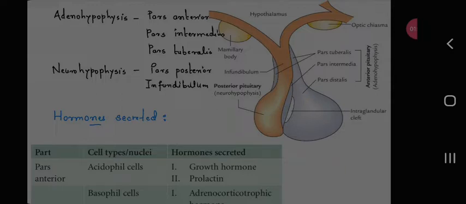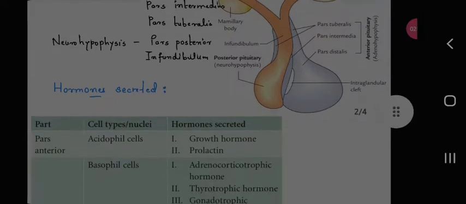Neurohypophysis: pars posterior, infundibulum. Hypothalamus, optic chiasma, mammillary body, pars tuberalis, pars intermedia, pars distalis, infundibulum. Posterior pituitary, neurohypophysis. Anterior pituitary contains pars tuberalis, pars intermedia, and pars distalis.